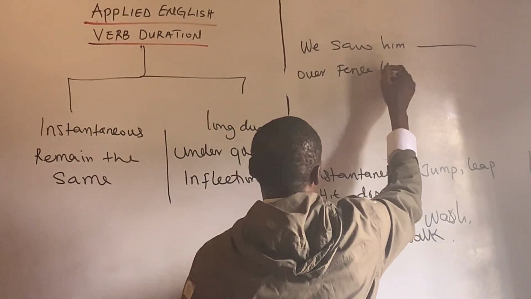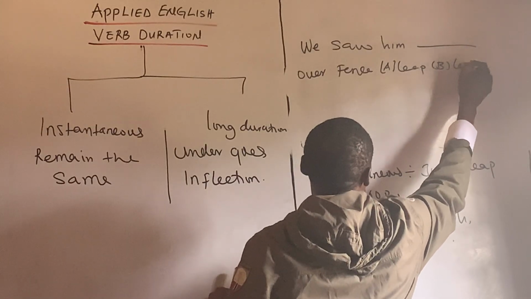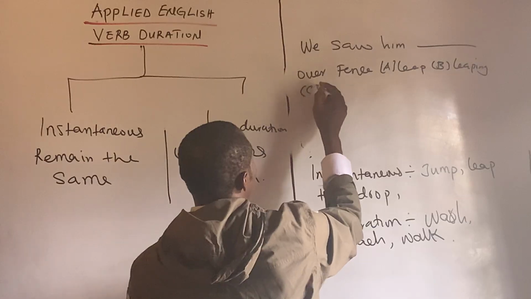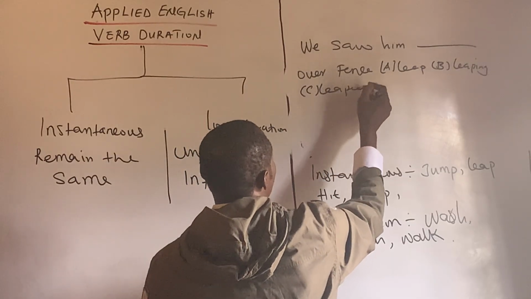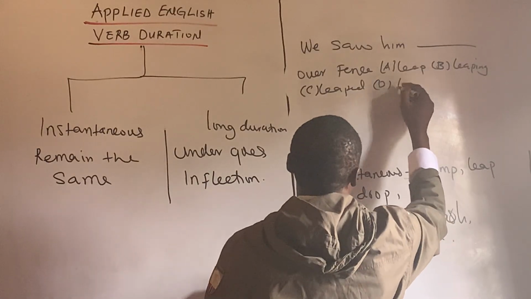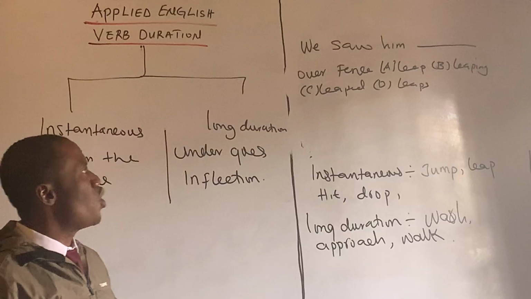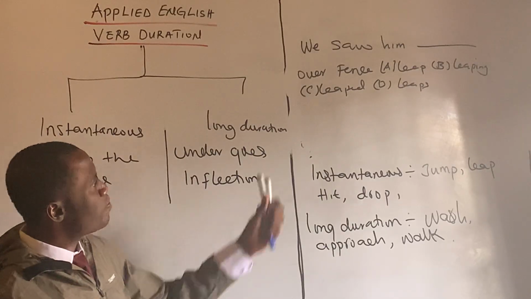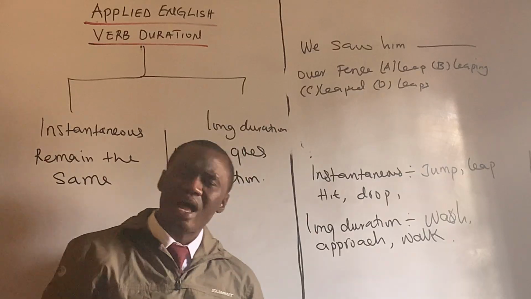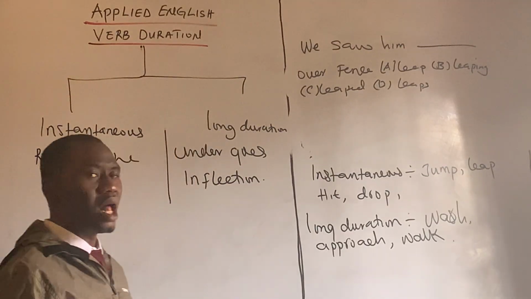What's the answer? A, leap. B, leaping. C, leaped. And then D, leaps. So what's the answer? The question to ask yourself is, is leap an instantaneous verb or a long duration verb?